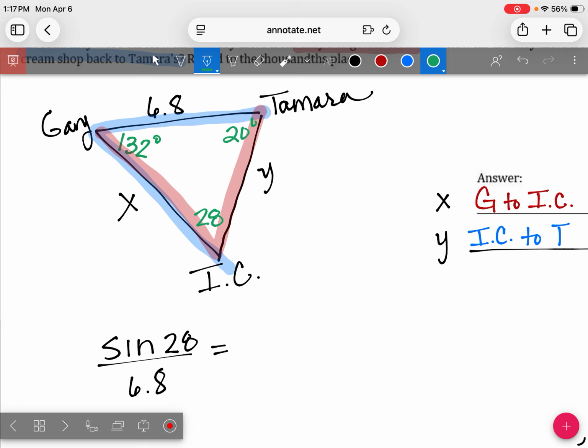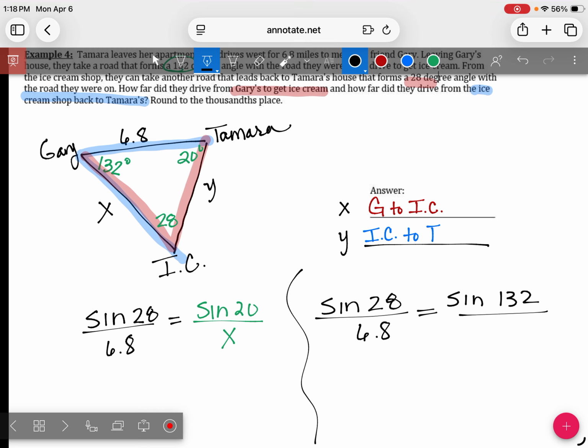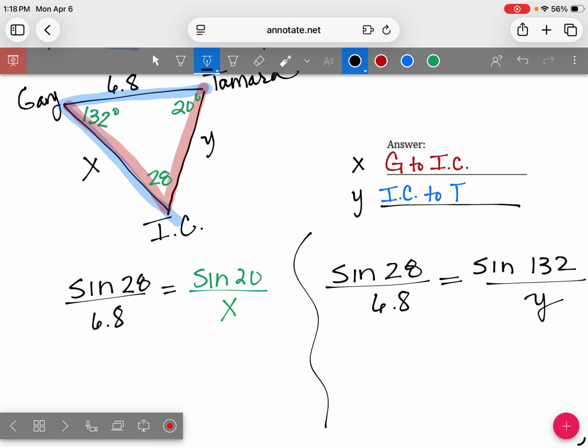All right. So now to find X, I'm going to take the sine of 20 over X. I'm going to set up both your ratios and then you can solve them both. And then to find the other one, it would be sine of 28 over 6.8, which is going to equal sine of 132 over Y. All right, go ahead and solve both of those.